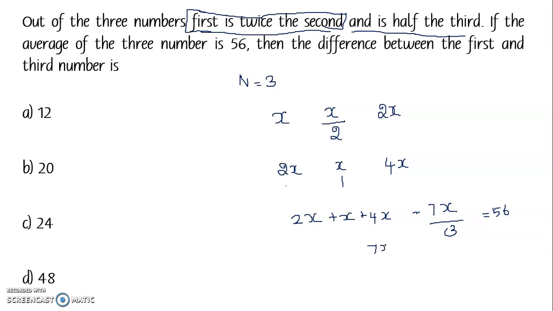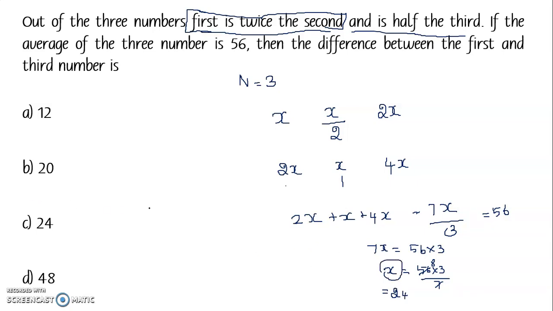So 7x is equal to 56 into 3. X will be 56 into 3 by 7. So this is 8, 8 into 3 gives me 24. X is equal to 24.